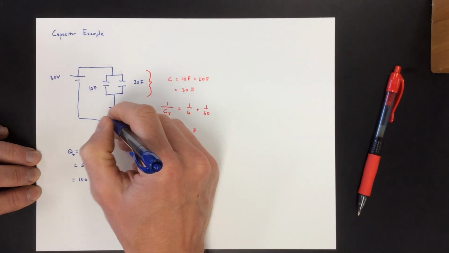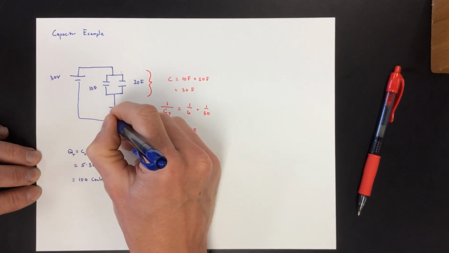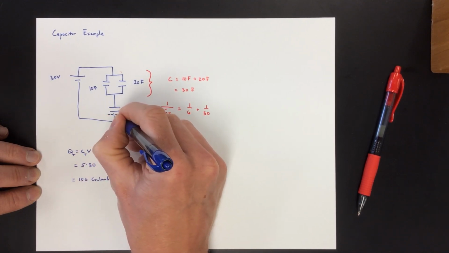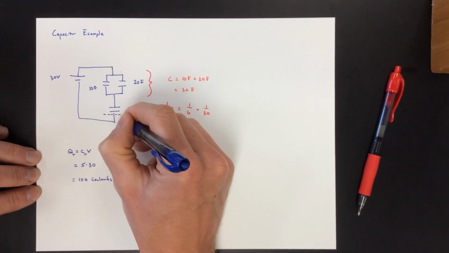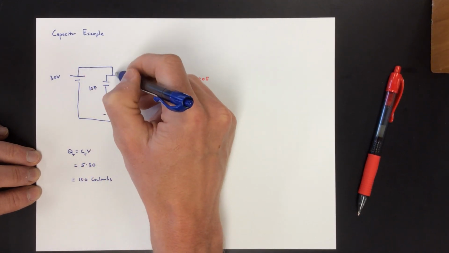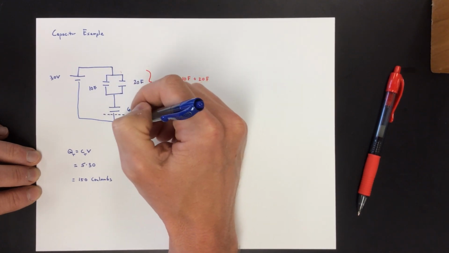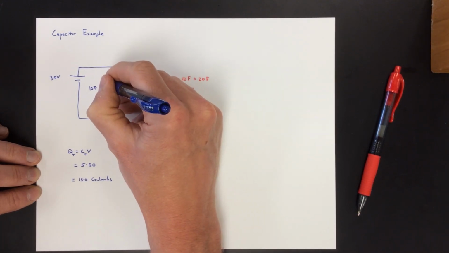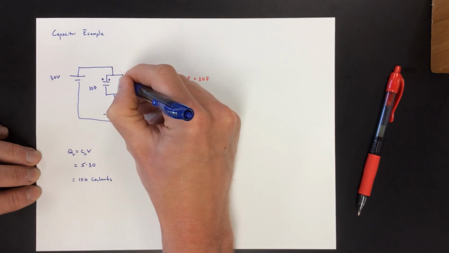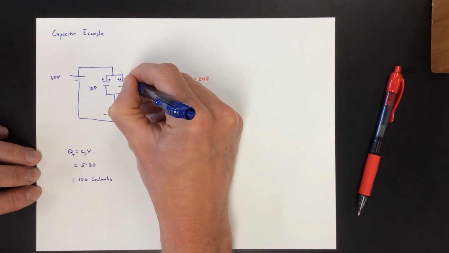So it's going to take a whole bunch of positives from down here, leaving this some net negative. It's going to put some here, and it's going to put some there.